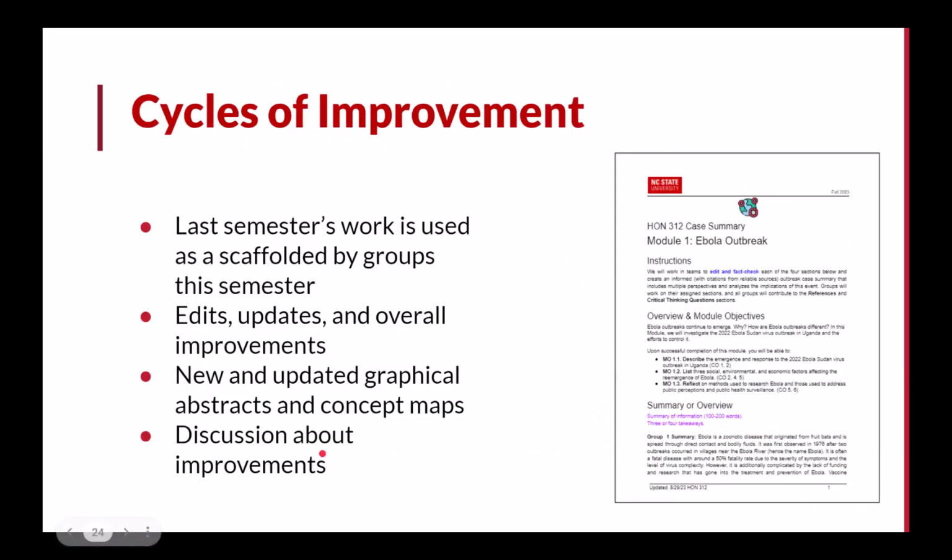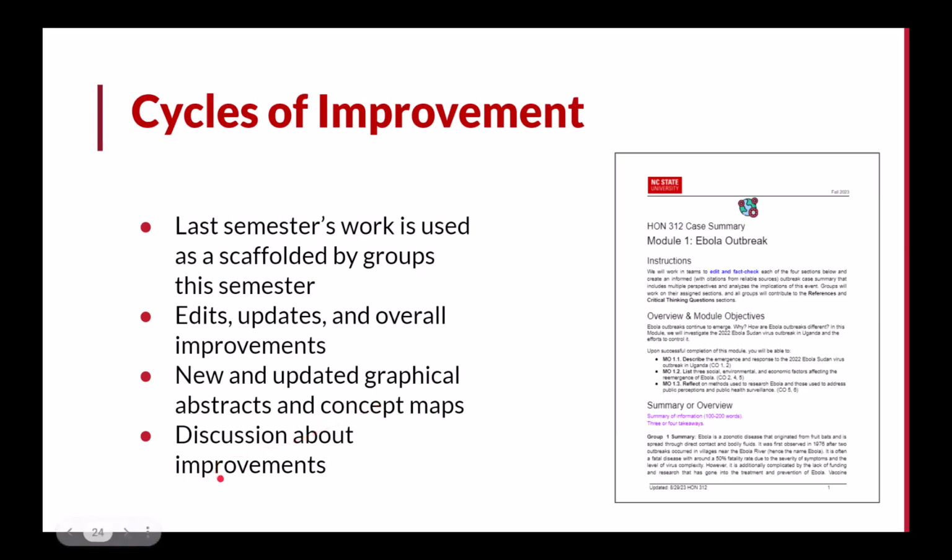So the case studies are improved through constant cycles. Last semester's work is used as a scaffold by groups this semester. We encourage edits, updates, fact-checking, and overall improvements. And new and updated graphical abstracts and concept maps are added.